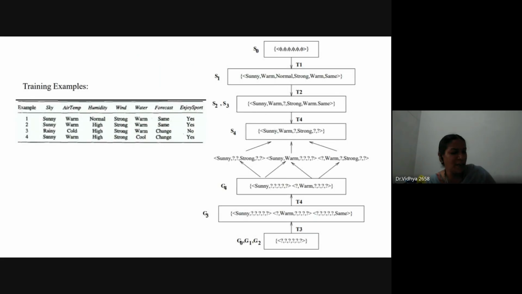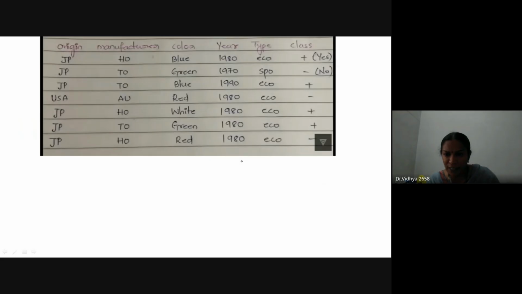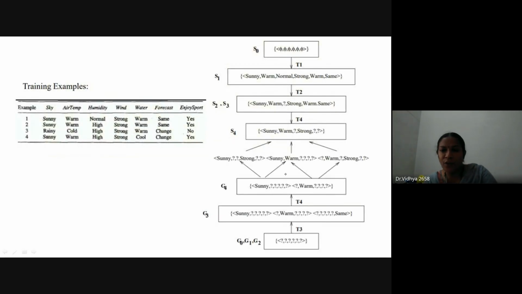You can see this hypothesis: sunny, question mark, strong, then question mark, then sunny, warm, then the remaining question marks, then warm, then the question mark, strong, and question mark, question mark.